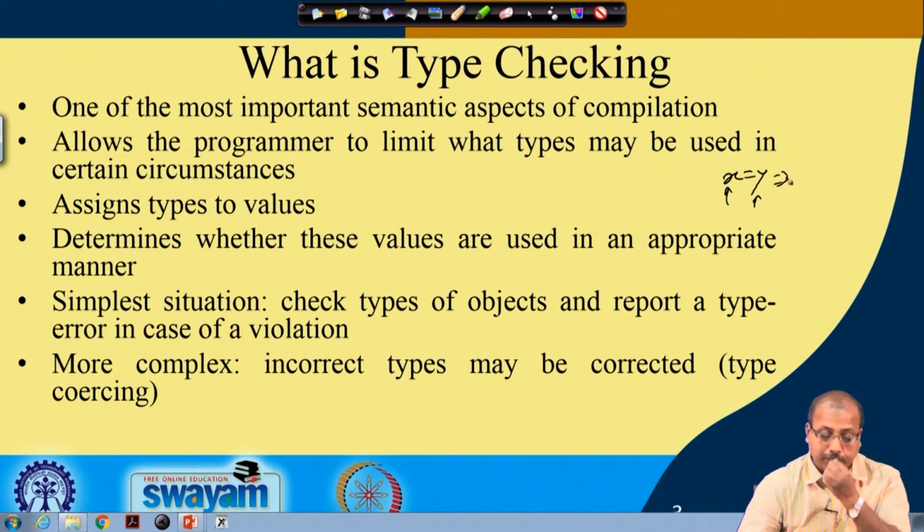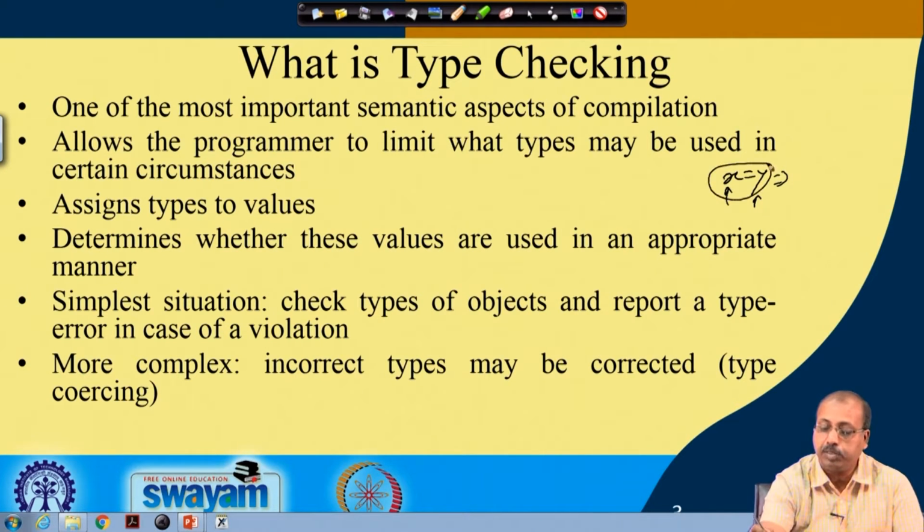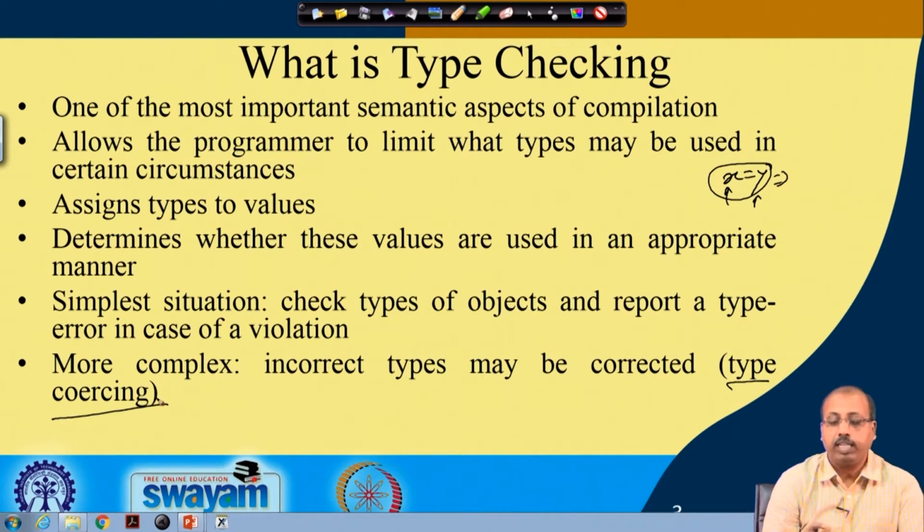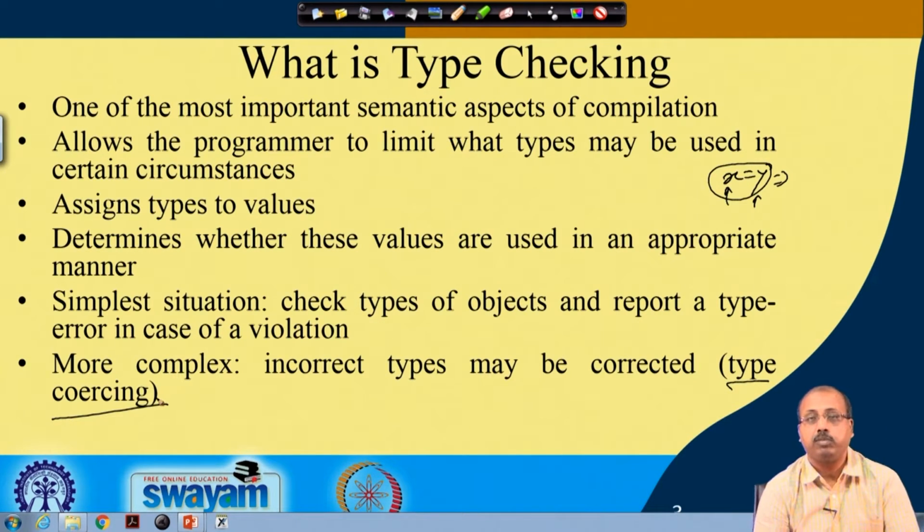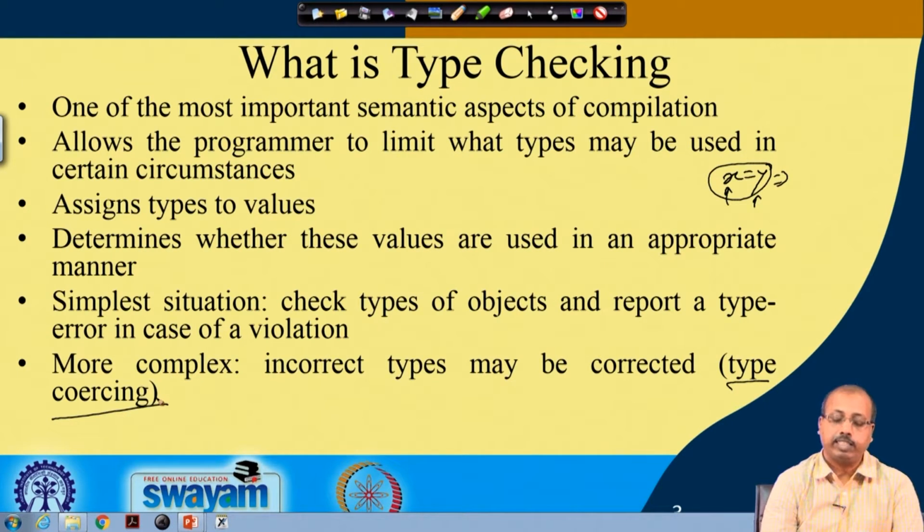However, the more complex situation comes when you have to correct the type. You find that there is a type mismatch, but you locally change the type of y so that it matches the type of x. If you do this, it is known as type coercion. You locally change the type of some part of the expression so that the operands have their correct types.